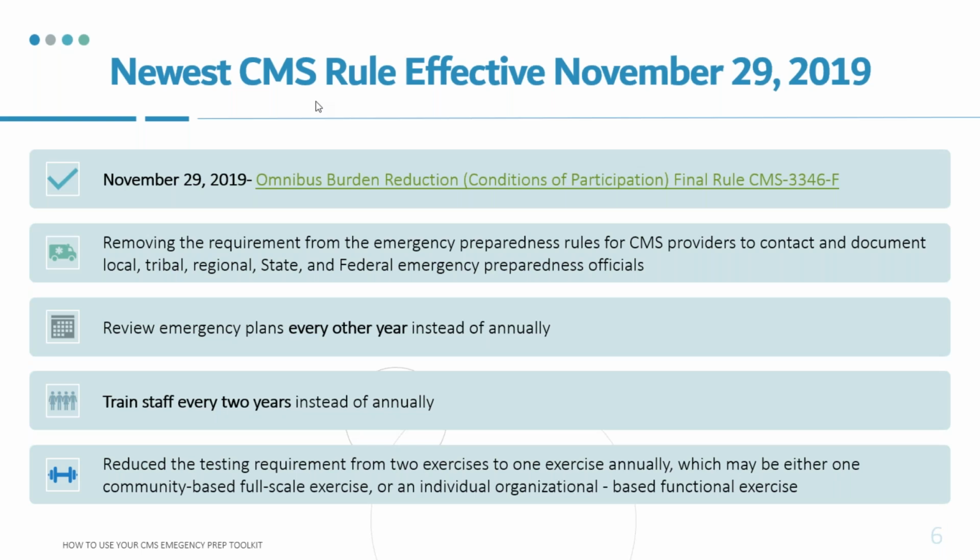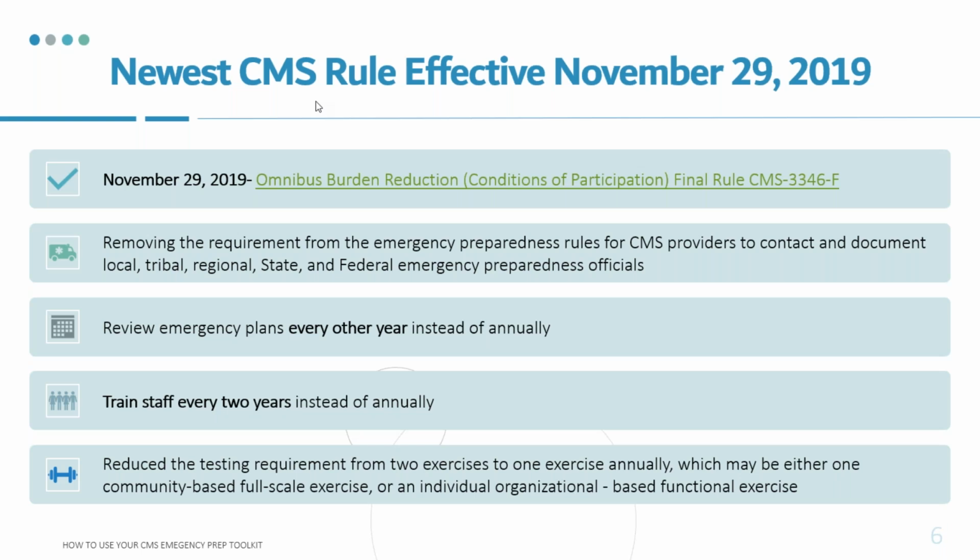That used to be a requirement, and as of November 29th, they've taken it away. It's still an extremely good best practice, but it is no longer a requirement that you have those relationships and make efforts to create them.